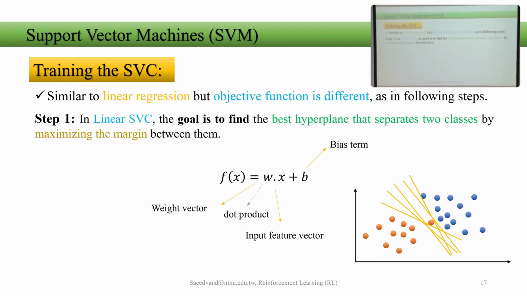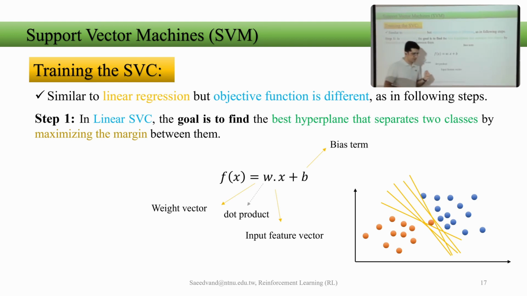Later, I will extend it to nonlinear by adding some more complex kernels, we will see. But let's assume for now the model is linear, and the goal is to find the best hyperplane to separate two classes, as we declared many times, for example by maximizing the margins between them.